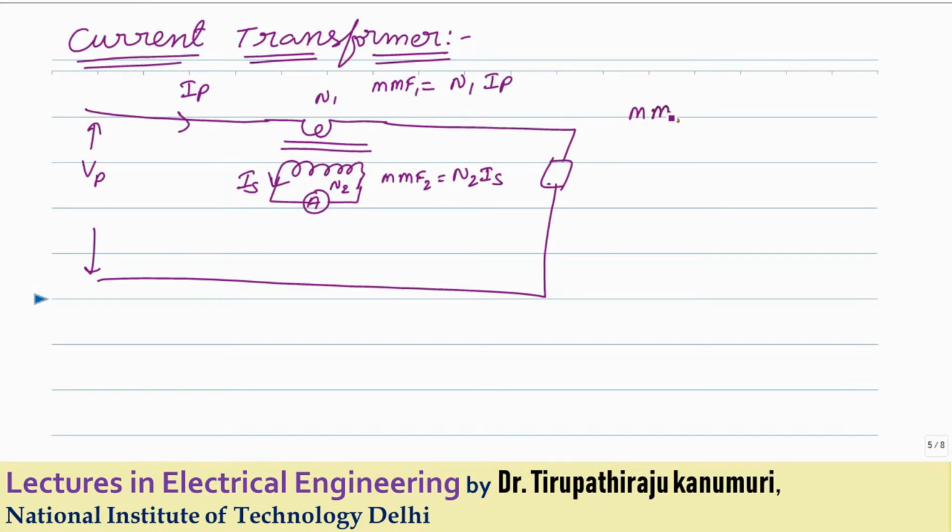MMF1 should be counterbalanced by MMF2, so I can write N1 into IP is equal to N2 into IS, or the secondary current induced will be equal to N1 divided by N2 times IP.